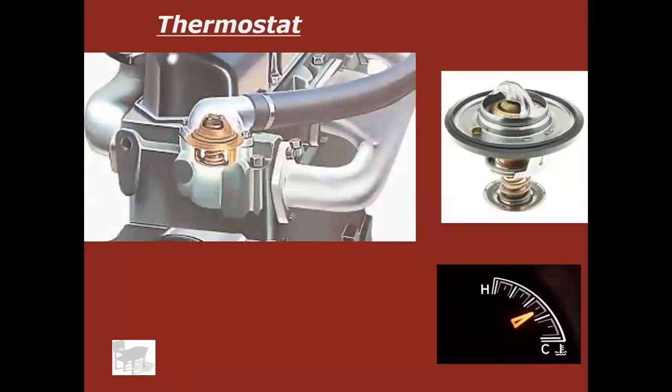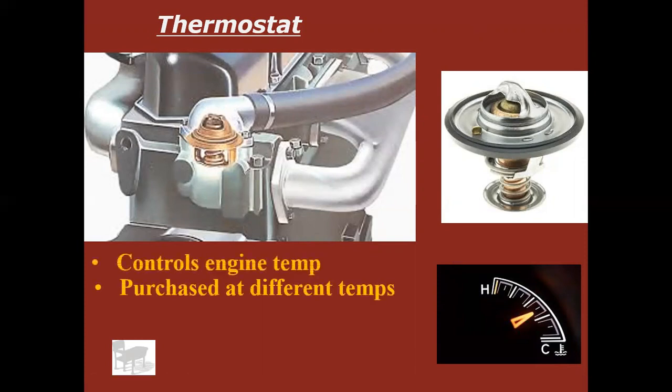We touched on it earlier, but the thermostat is what keeps the engine at a certain temperature. It helps it warm up fast. Once it warms up, it holds it at that temperature. In the old days, you could buy them at different temperatures. That's getting more rare now.